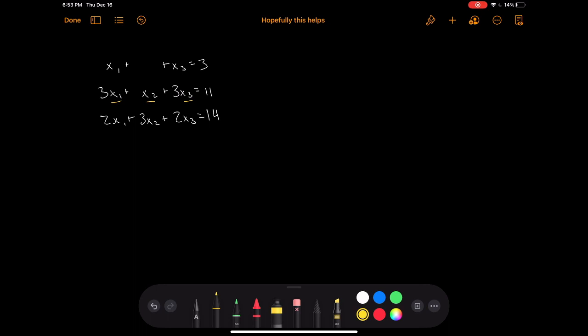And so, as always, we have to put this into an augmented matrix, finding our matrices A and B to begin with. So matrix A would be 1, 3, 2, 0, 1, 3, 1, 3, 2. And then our B matrix would just be 3, 11, 14. And then our X is just going to be x1, x2, x3.